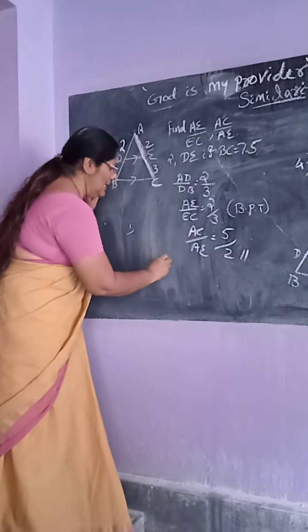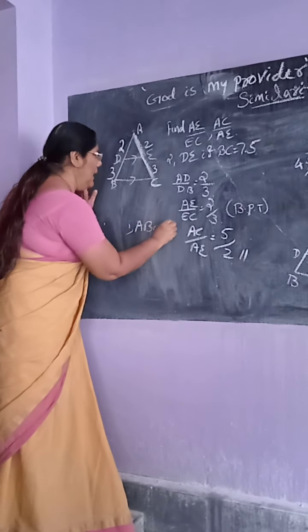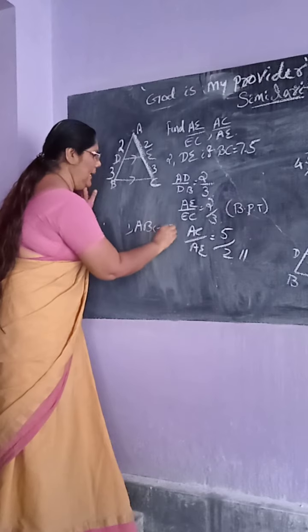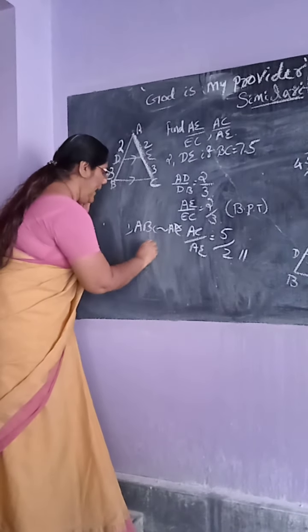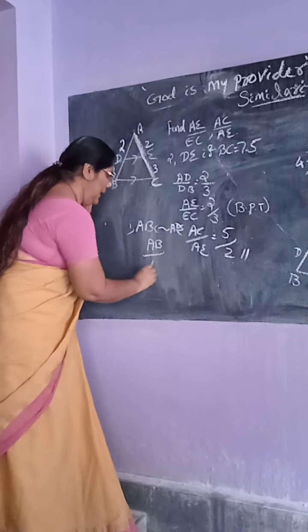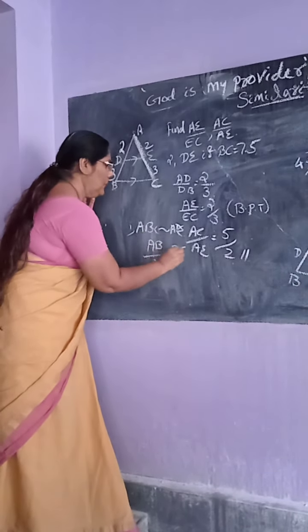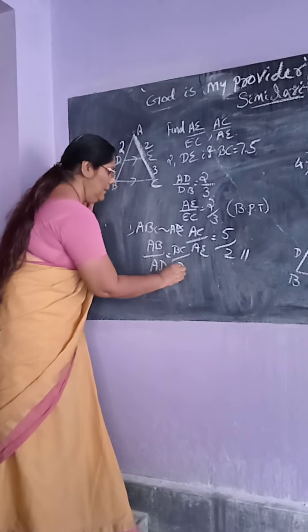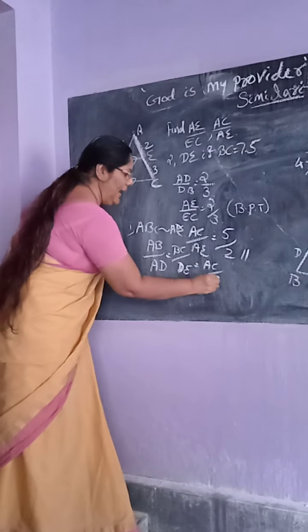Therefore, two triangles are similar, means you can write ABC similar to ADE. If two triangles are similar, AB by AD equal to BC by DE equal to AC by AE.